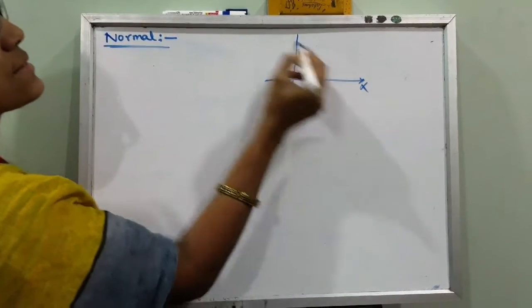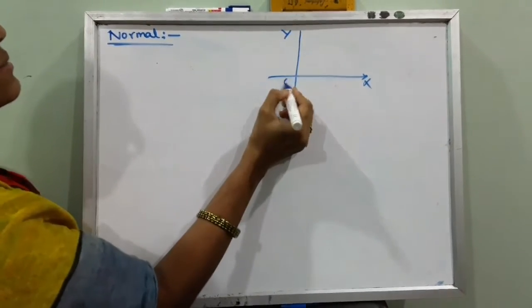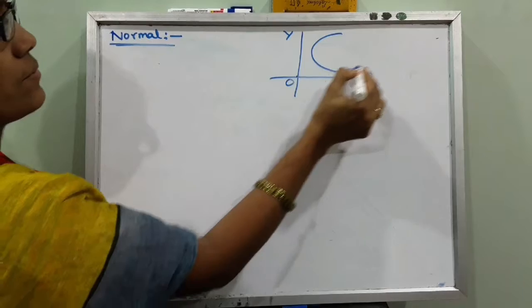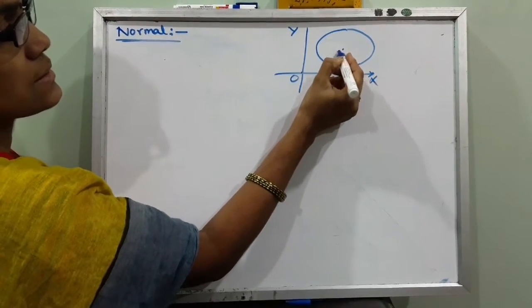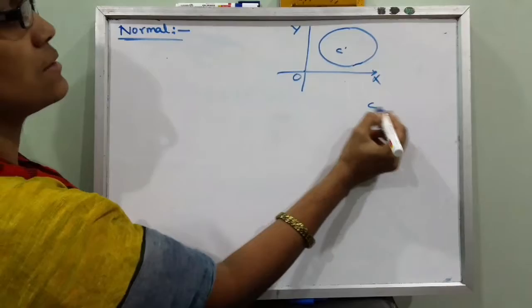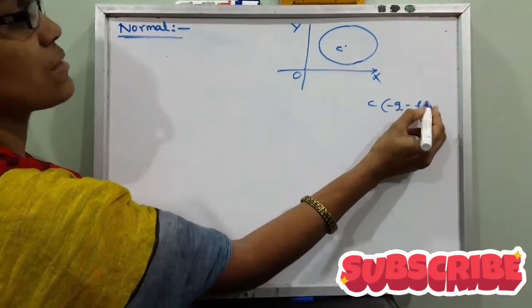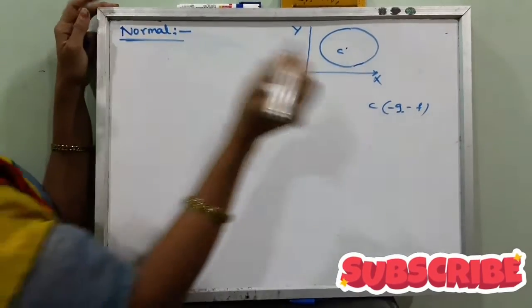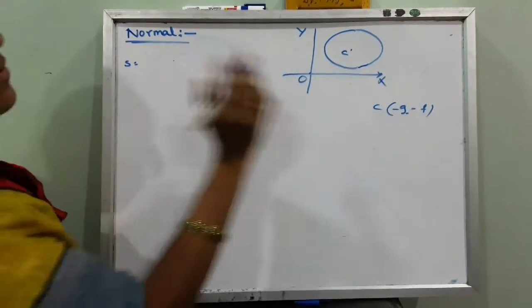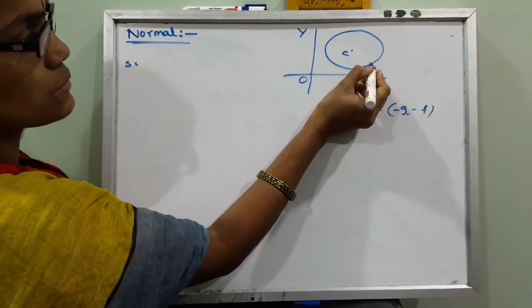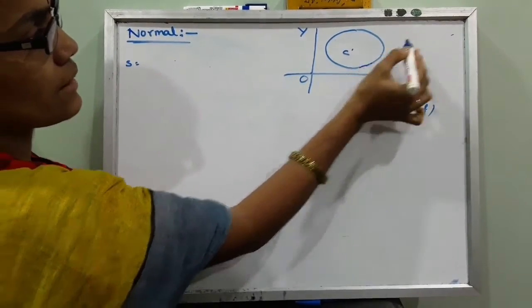Let us take the x-axis and y-axis. Take a circle here. C is the center of the circle. The center is minus g comma minus f. The circle equation is x square plus y square plus 2gx plus 2fy plus c is equal to 0.